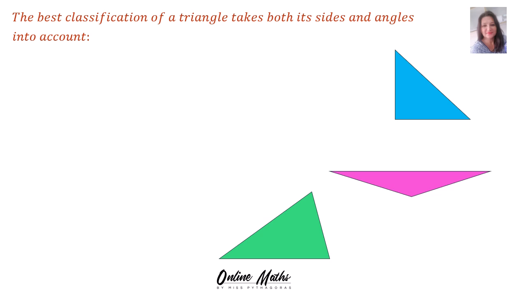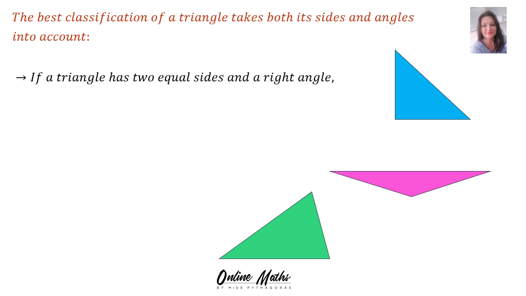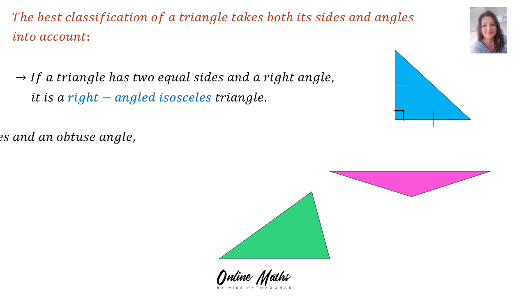The best classification of a triangle takes both its sides and angles into account. Let's see. If a triangle has two equal sides and a right angle, it is a right-angled isosceles triangle.